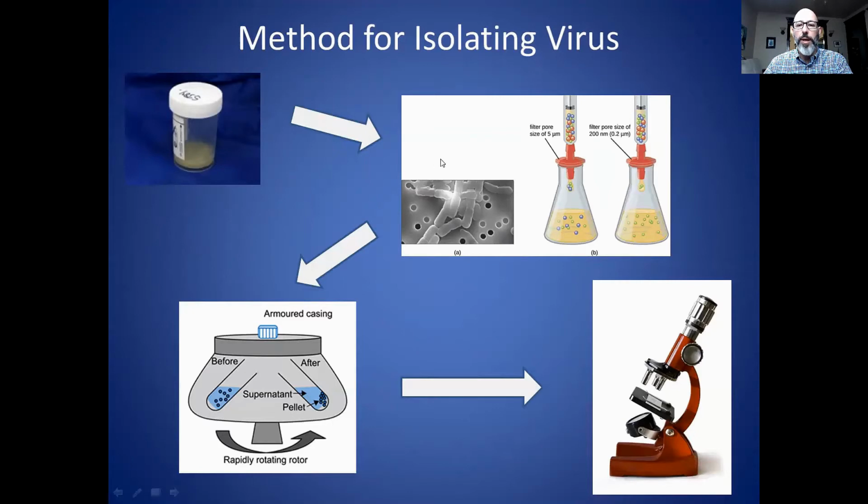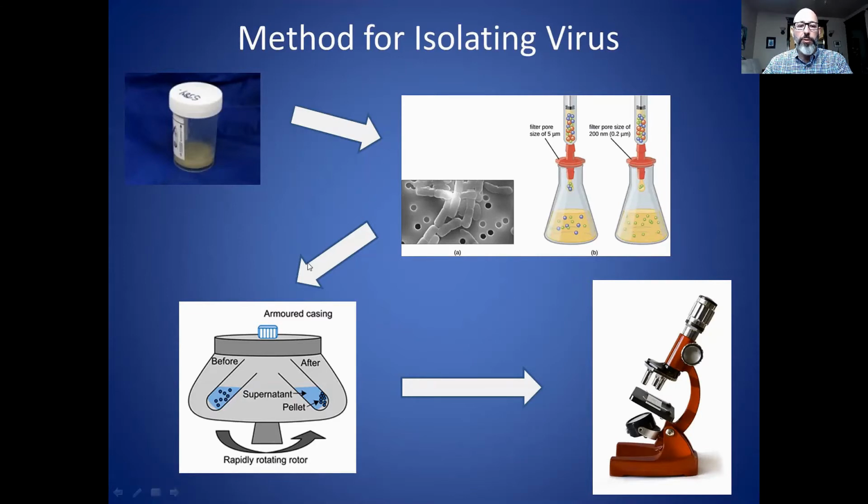And what you do is take that fluid and put it through very, very small filters. This accomplishes what I described earlier, that it separates out the tiny little particles from any bacteria. In this photograph here, these big rods are actually bacteria, and the little dots are supposedly viral particles. So putting them through this filter, you leave the bacteria behind and just collect the little particles, little dots, in the filtrate.